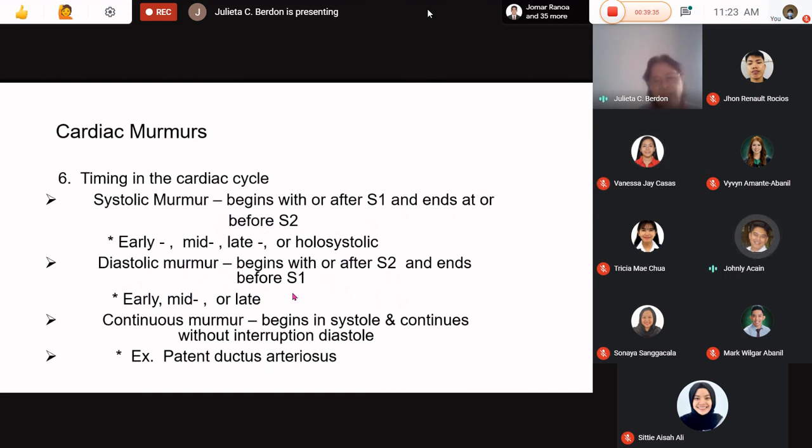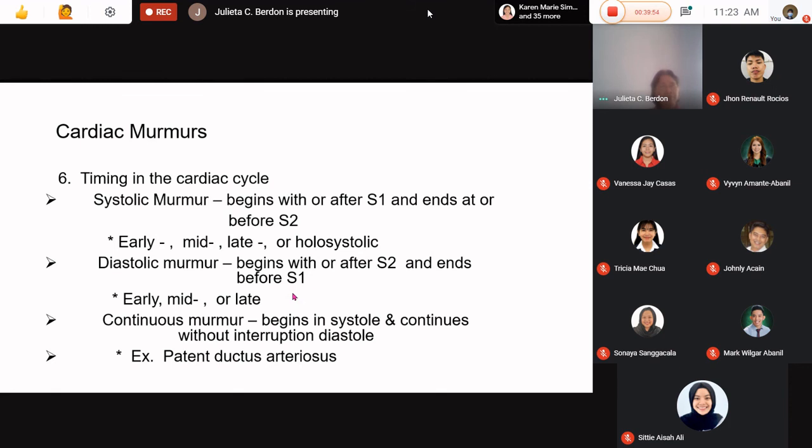So, for example, I will ask a question. Which of these valves will give a systolic murmur? I will give choices.